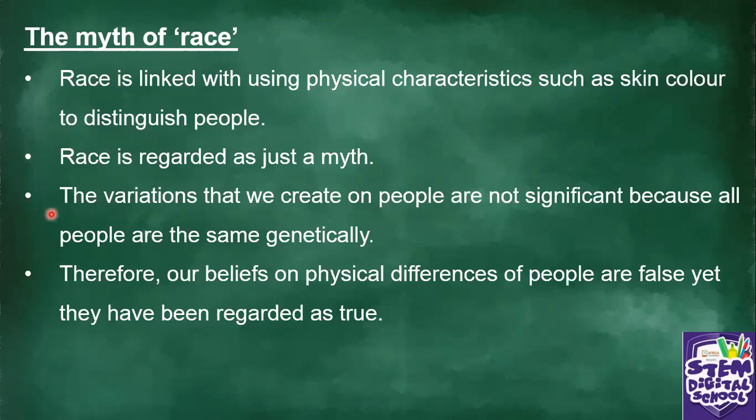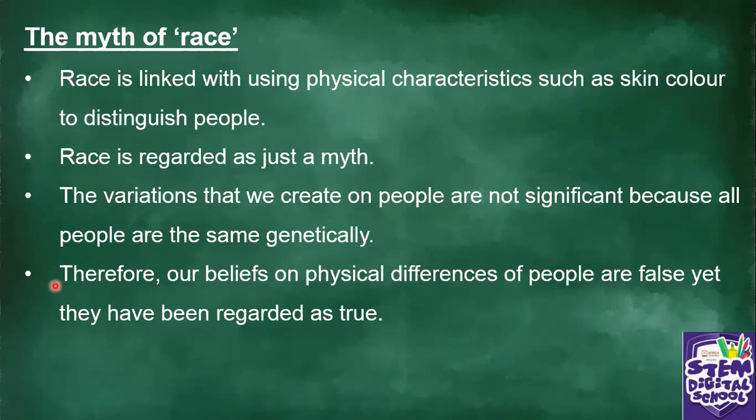The variations that we create on people are not significant because all people are the same genetically. Remember, people are created the same with the same genetics, but we create this myth called race, putting people into different classes of skin color. Therefore, our beliefs on physical differences of people are false, yet they have been regarded as true.